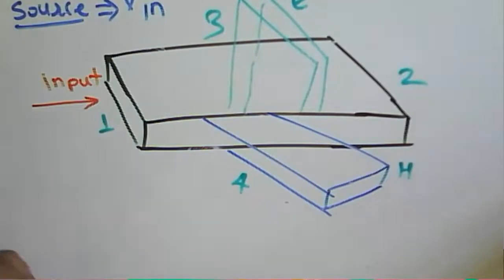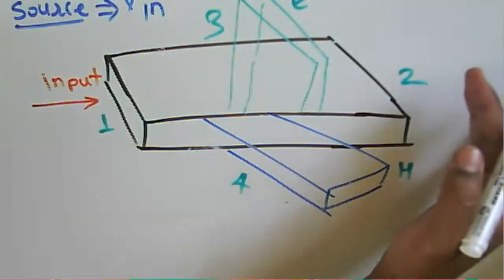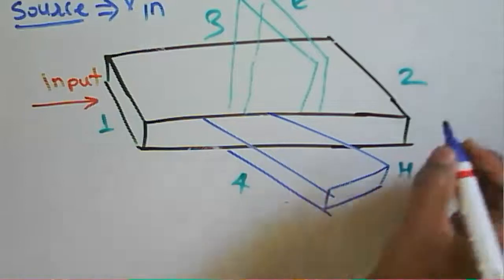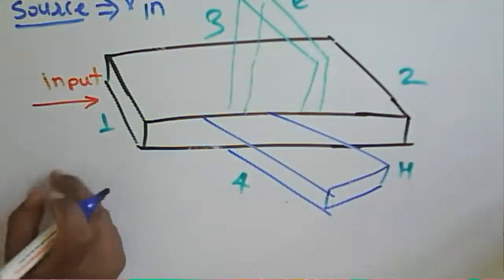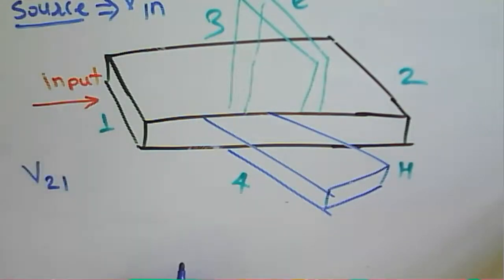When we measure the output at port 2 from port 1, because the input is at port 1, we will get the output at port 2, V21.